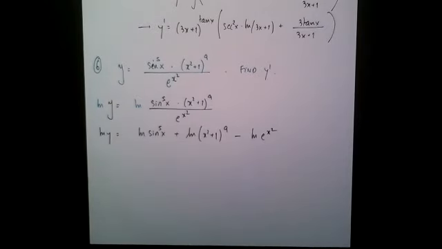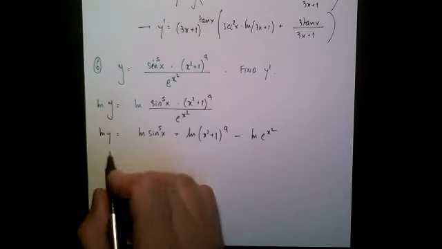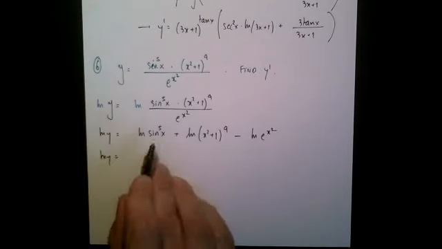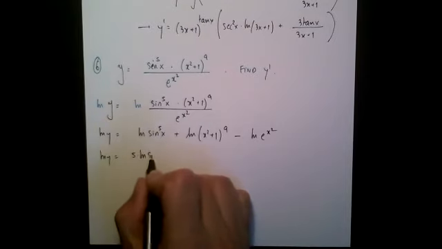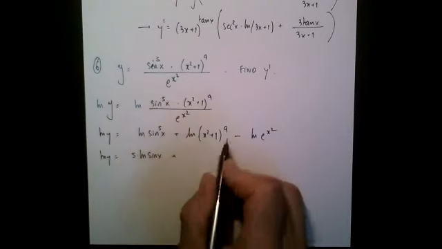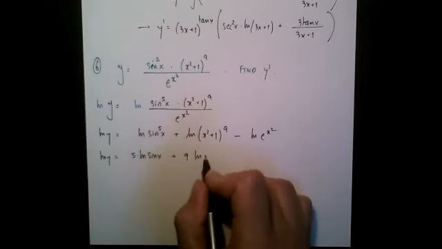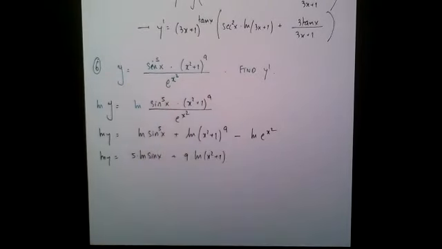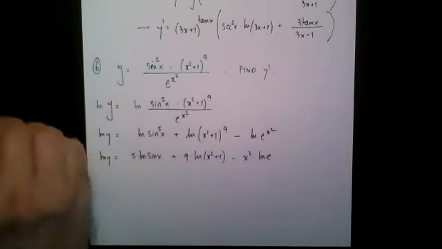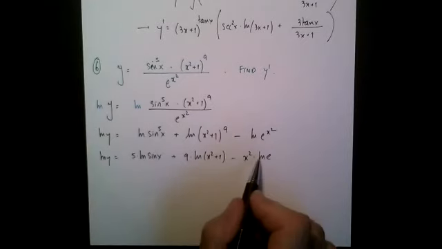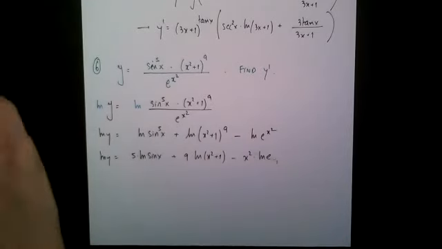Properties of logs. So ln y is equal to, bringing the exponents in front, 5 times ln of sine x plus 9 times ln of x squared plus 1 minus x squared times ln of e, which of course is 1.